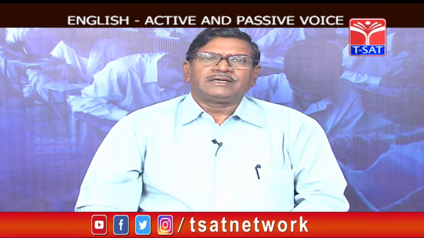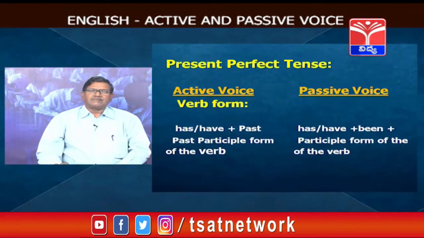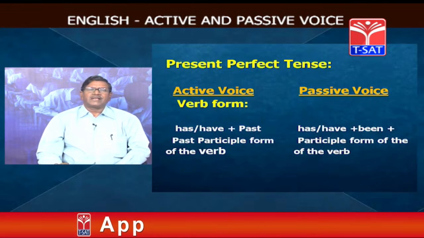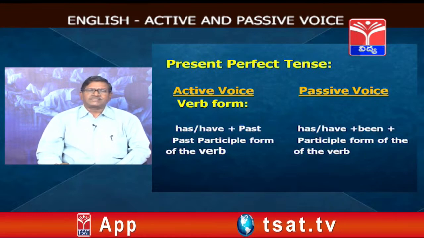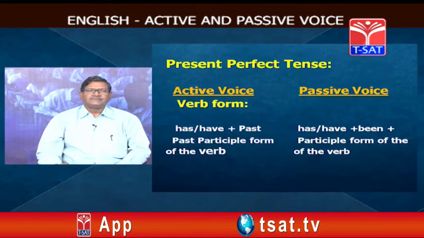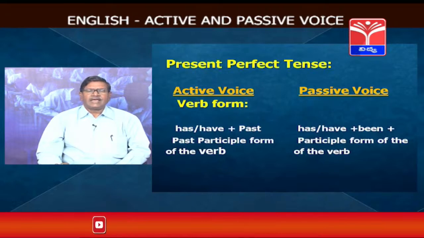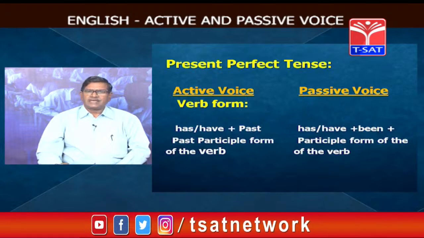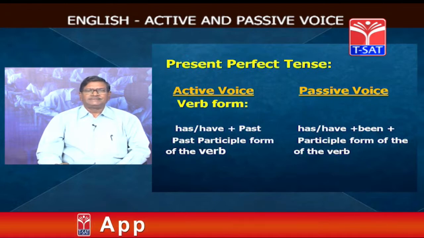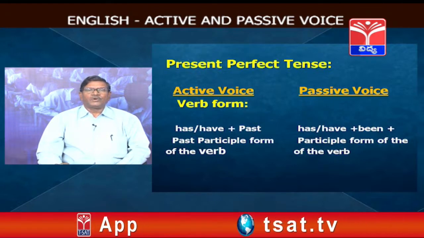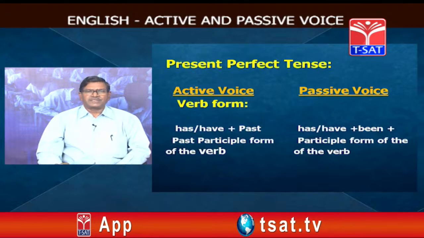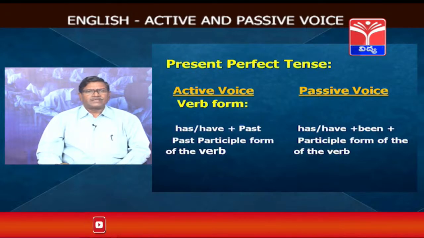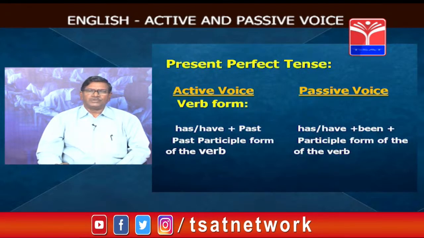Now, let us see how a sentence in present perfect tense is transformed from active to passive voice. Has, have, those are the helping verbs, and the past participle form. I have written a story. That is the active voice sentence in present perfect tense. What have I written? A story. Therefore, the object is a story.